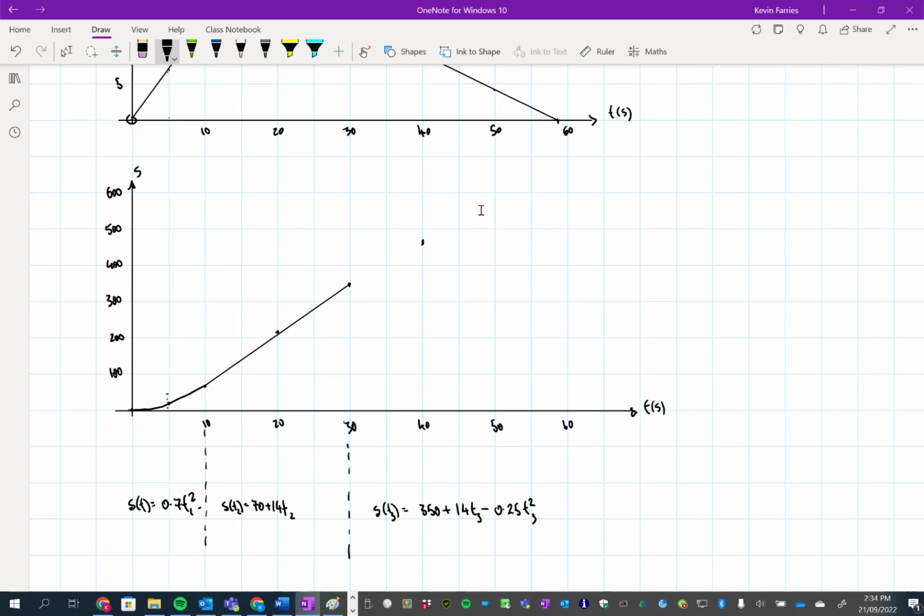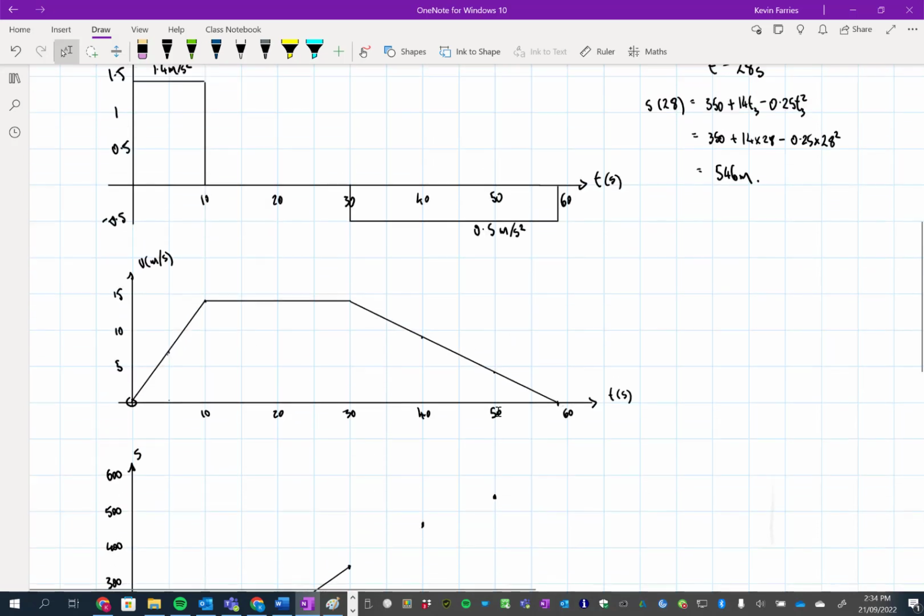Over there. 20 seconds into this stage, we're going to get 350 plus 14 times 20 minus 0.25 times 20 squared, which is equal to 530. So 20 seconds into the stage, which is at 50 here, and it's going to be 530. So it's going to be about here.